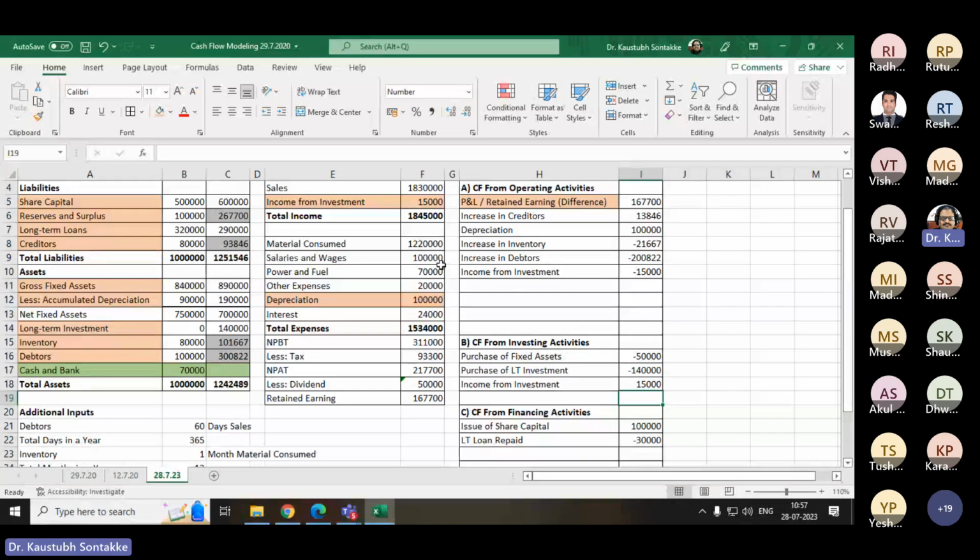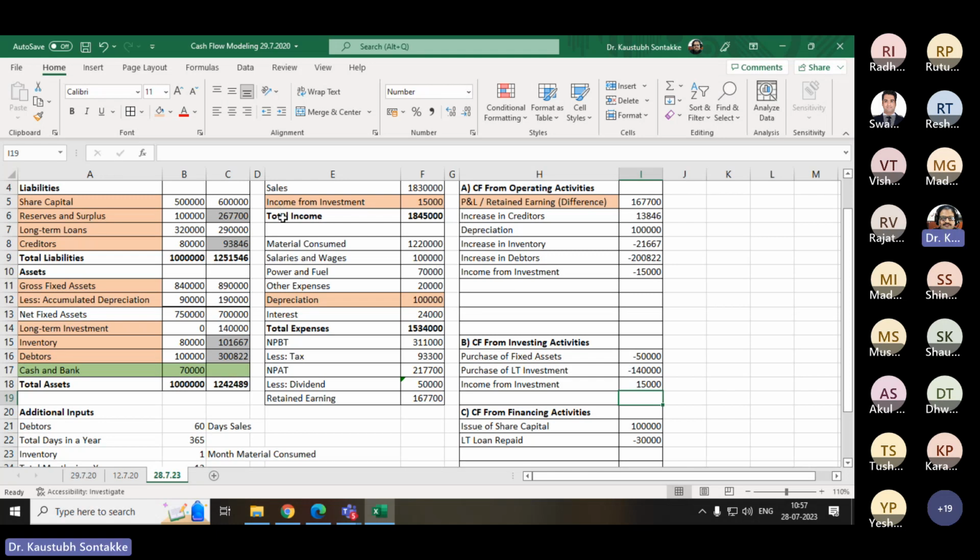So actually I have not done anything. I have just added once, deducted once, but I want to make it clear that it is not operating cash flow, it is investing cash flow. So I deducted from operating and added in investing. Okay, so here I am done with this income from investment.